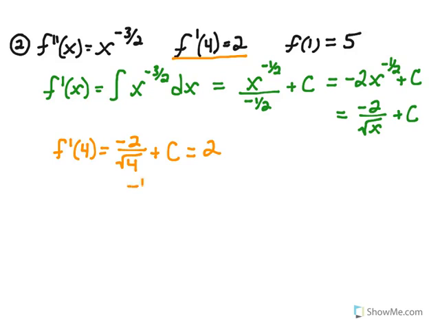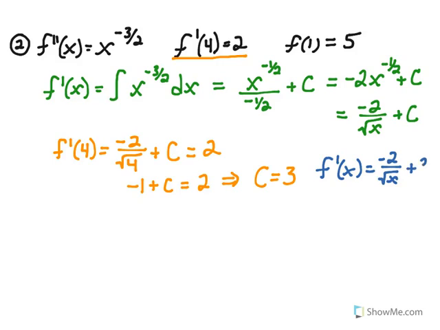This is negative 1 plus c is equal to 2. Therefore, c is 3. And my first derivative, f prime of x, is negative 2 over the square root of x plus 3.